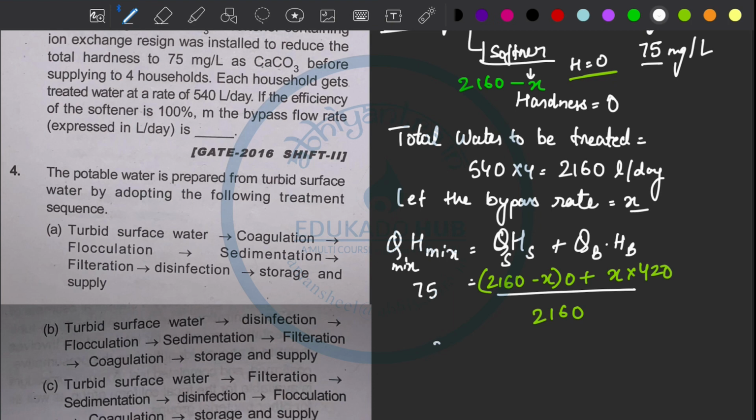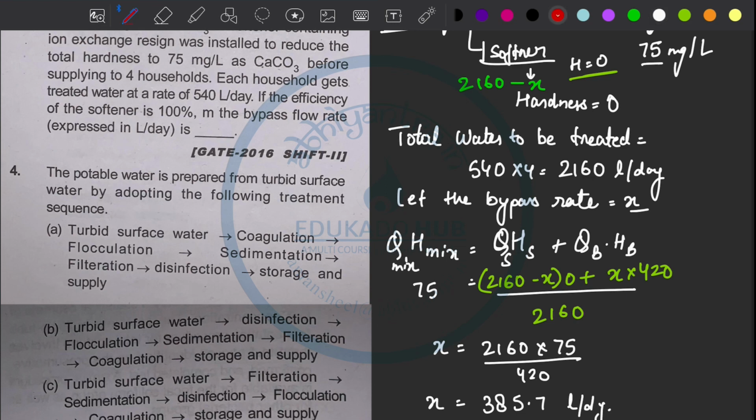The value of x comes out to be 2160 into 75 divided by 420, so that is 385.7 liter per day. So the answer is 385.7.